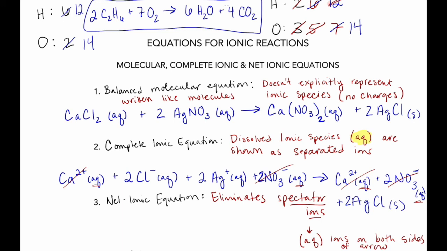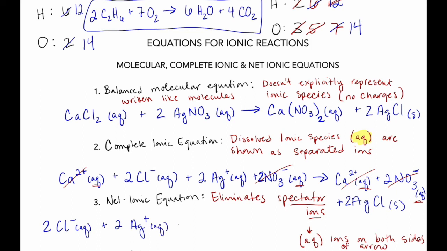So if we cancel those out, if we eliminate those, we get the net ionic equation, where we have 2 chloride reacting with 2 silver, aqueous.